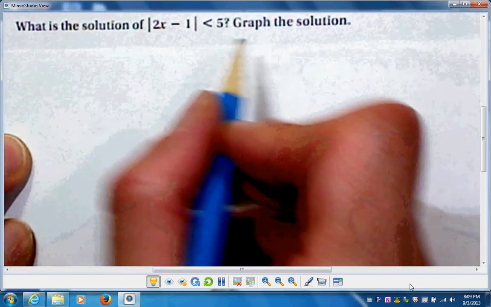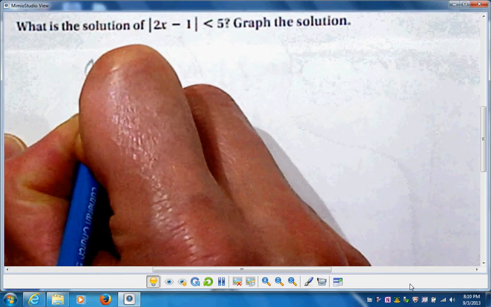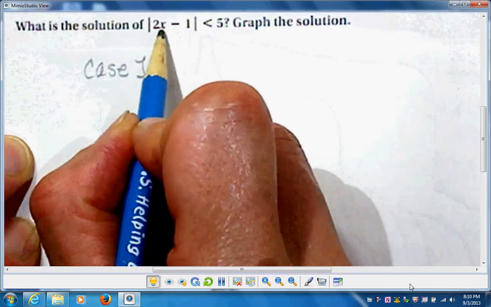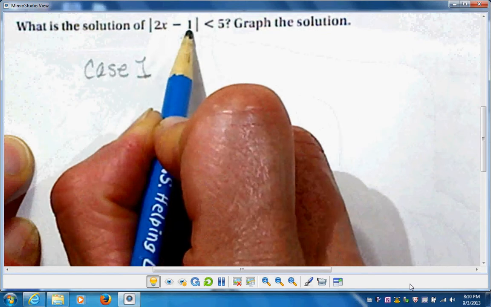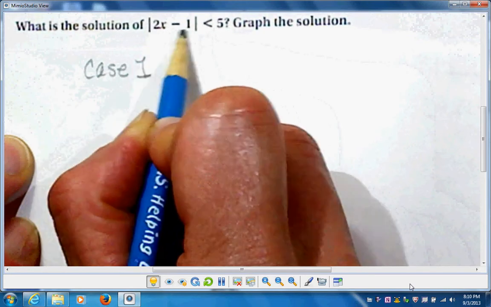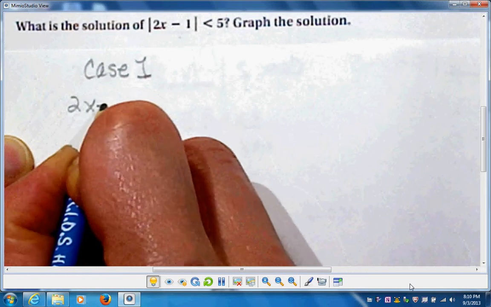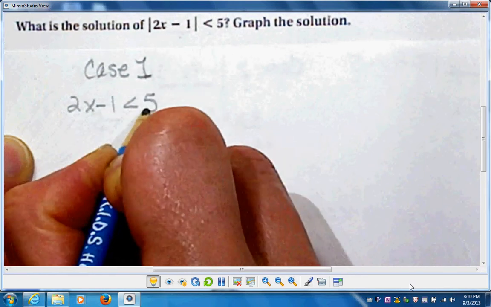So we're going to set this up in two cases. Case 1 is where we take it as is. Whatever's inside is going to be our positive, so we have 2x minus 1 is less than 5.